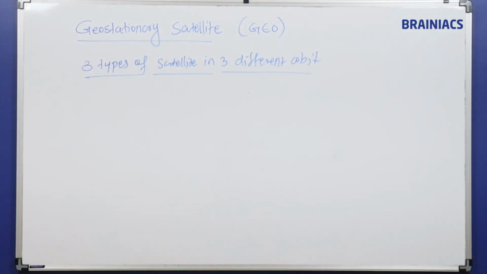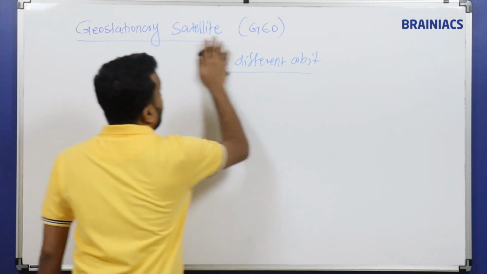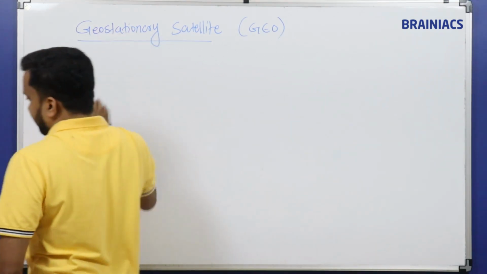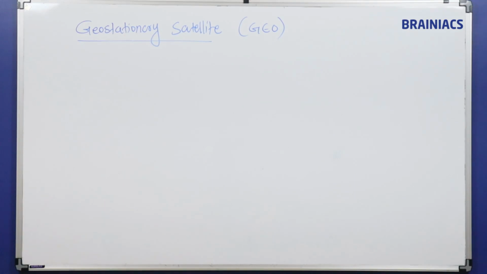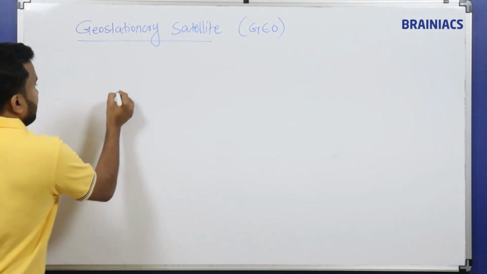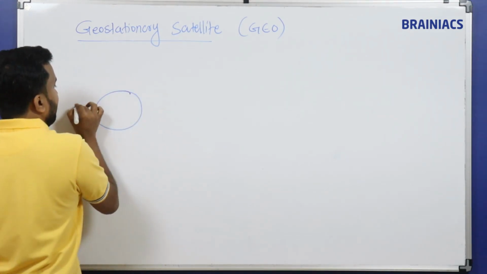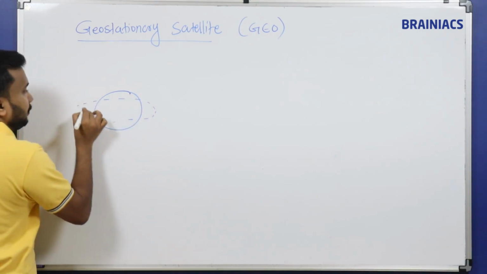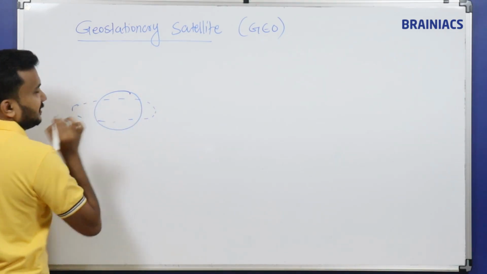The geostationary satellites have a specificity: they run over the equator belt. Suppose we have the Earth surface and the equator position, with the equator at the center.